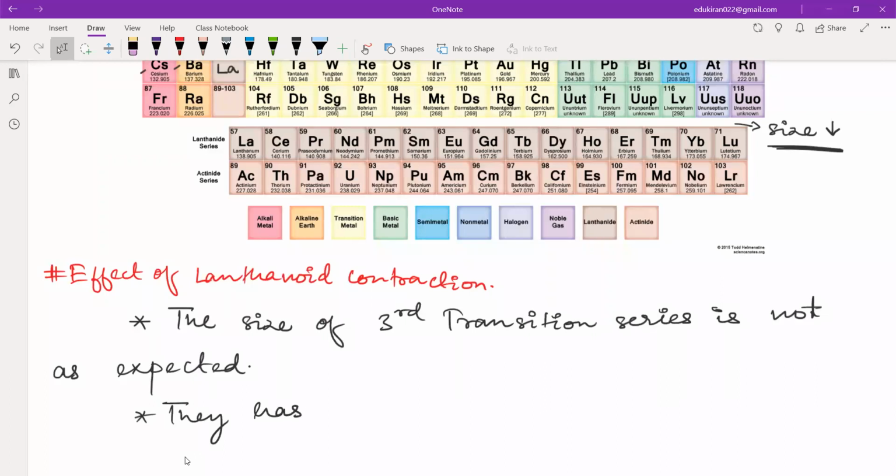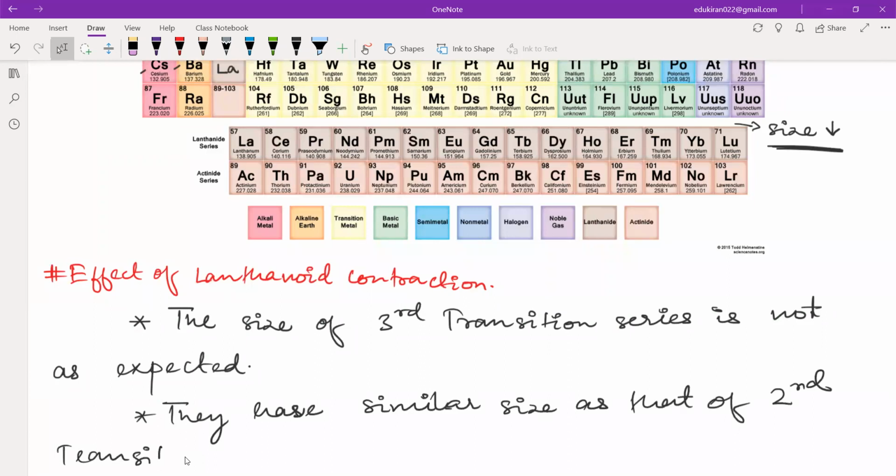They have similar size as that of the second transition series. This is the only point, the effect of the lanthanide contraction. Okay, so please write this down.